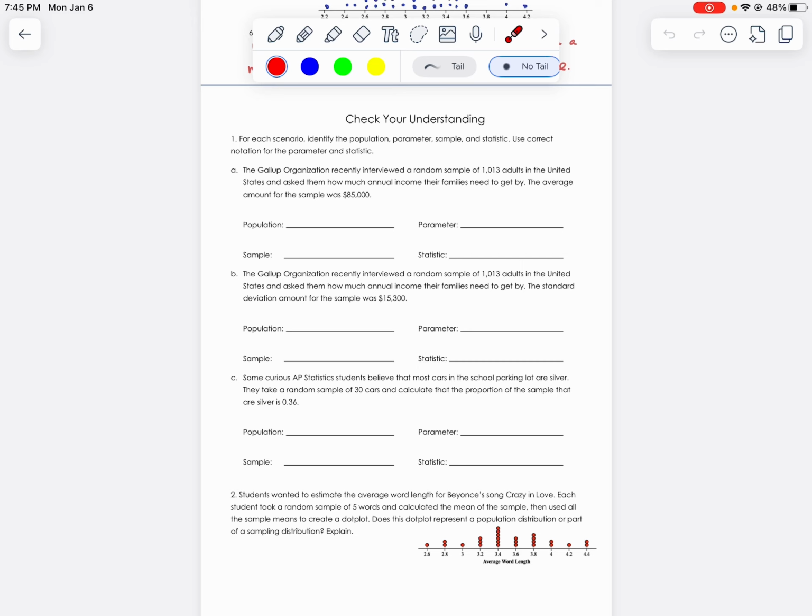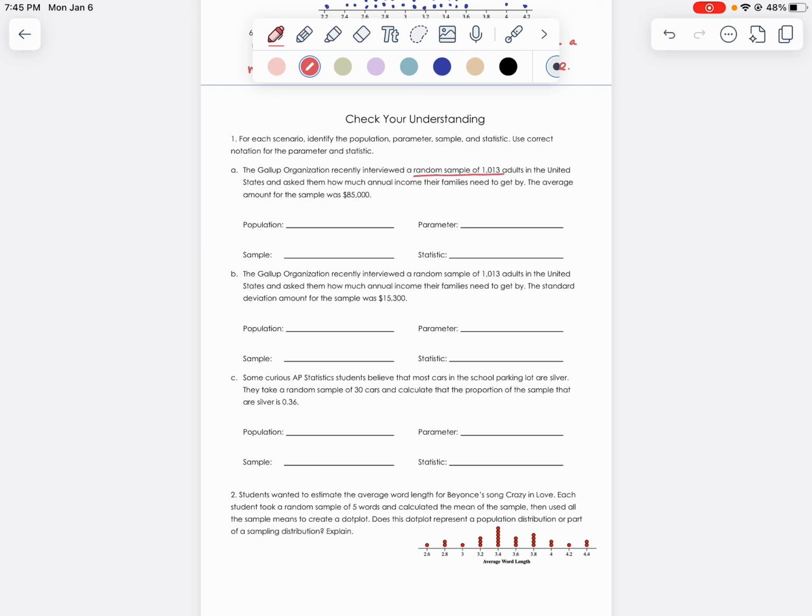So for part A, the Gallup organization recently interviewed a random sample of 1,013 adults in the United States and asked them how much annual income their families need to get by. The average amount for the sample was $85,000. So what I see here is they pulled a random sample of 1,013 adults.